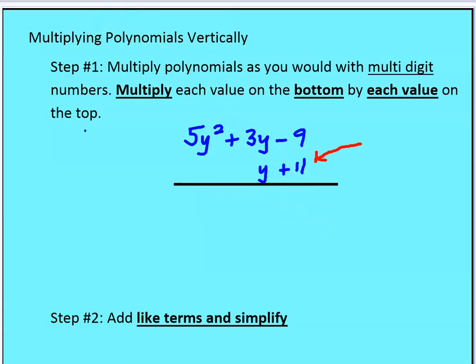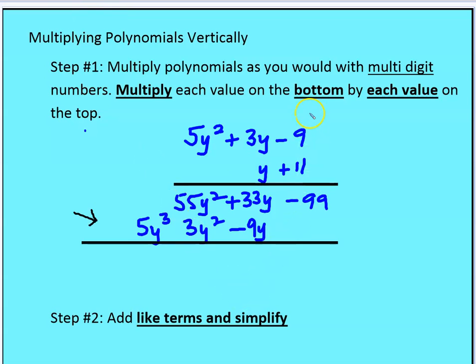Right, so we have plus 11 times 9, negative 99. Plus 11 times 3y, 33y. Plus 11 times 5y squared, 55y squared. Then we're going to multiply y times negative 9, negative 9y, plus 3y squared, plus 5y cubed.